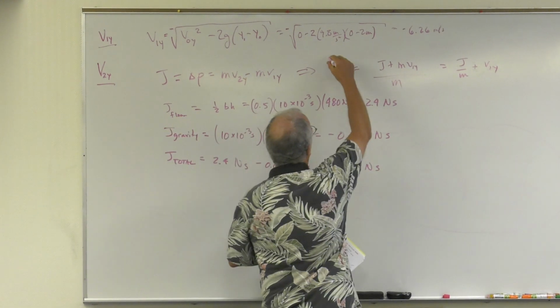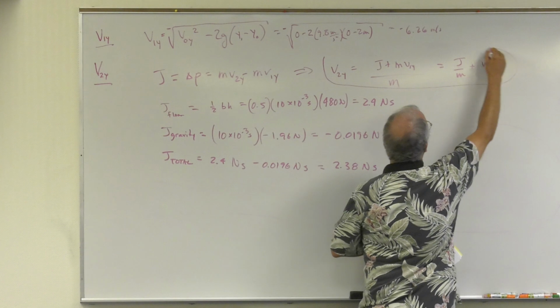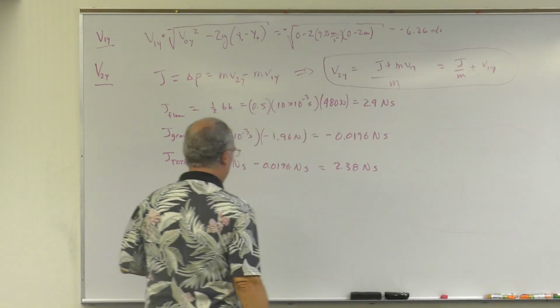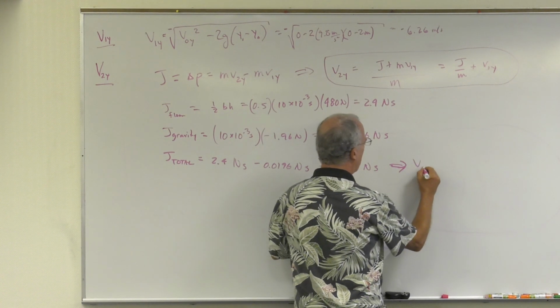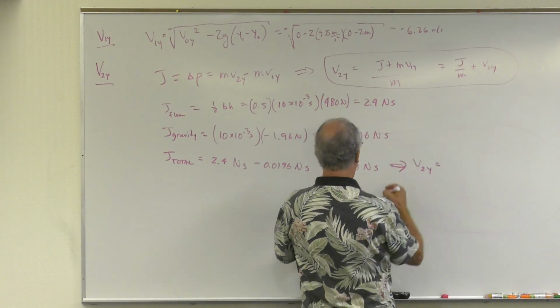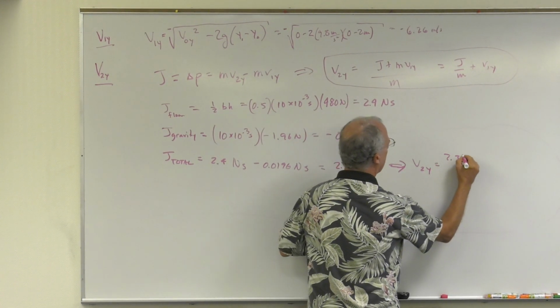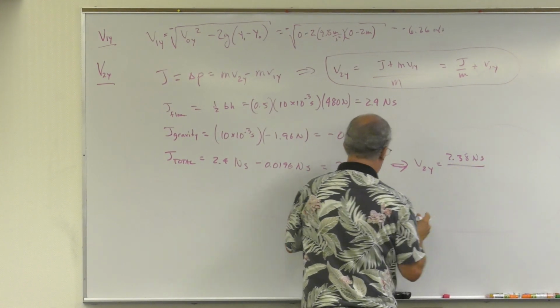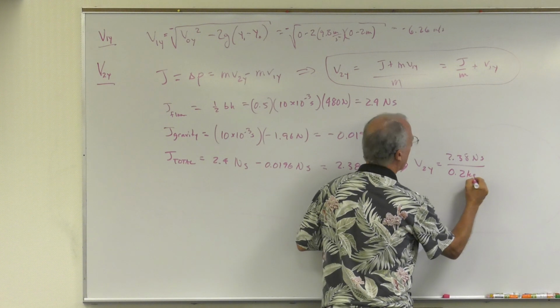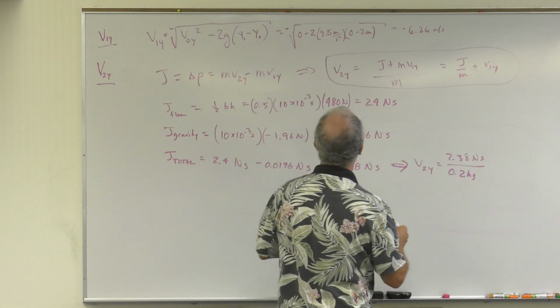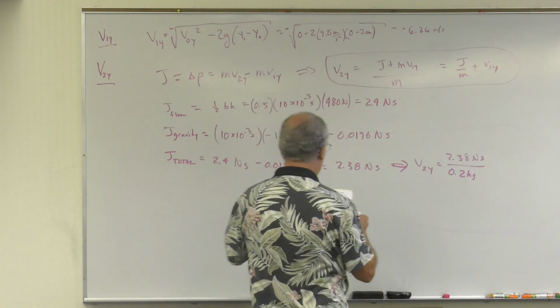Remember, this is our equation for v2y. So we're there. Therefore, v2y equals J, 2.38 newton seconds, divided by the mass, 0.2 kilograms, plus v1y, where does that go? Right there.